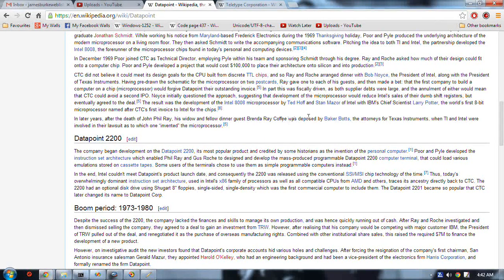Presumably, well, obviously, Intel must have been claiming they invented the microprocessor, but all it would have taken would have been the presentation of one of those postcards as evidence in court, that neither company invented the microprocessor.